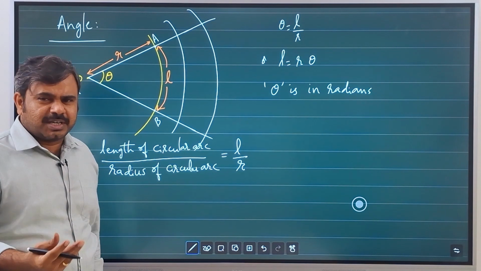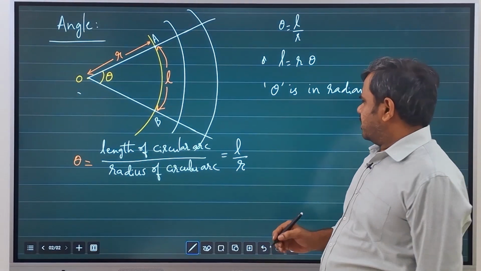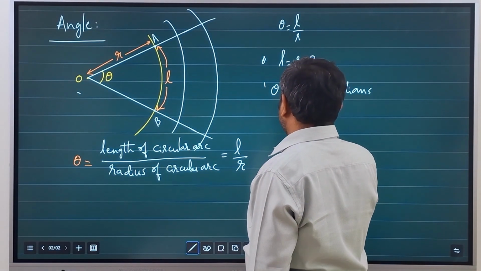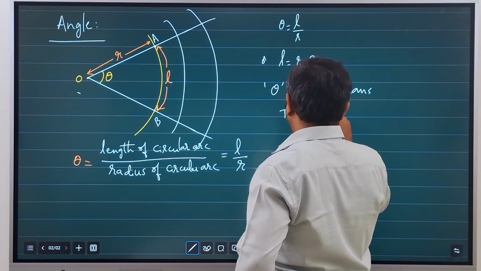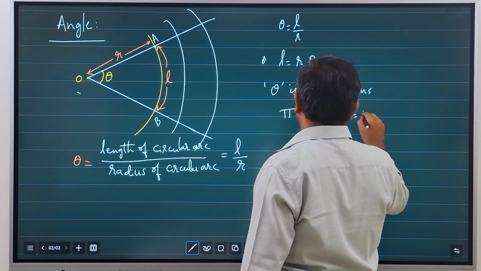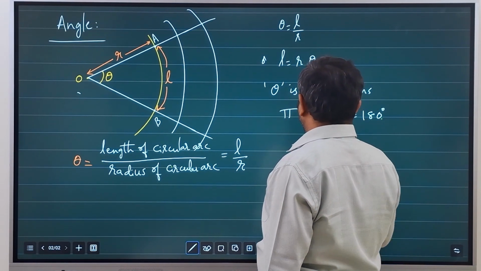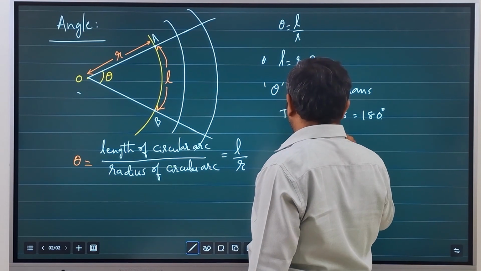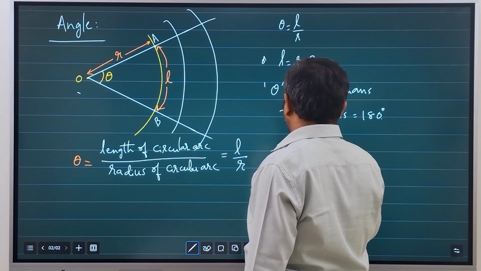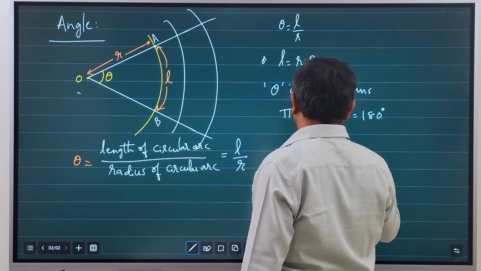Now, how do we convert it into degrees? You know, pi radians is equal to 180 degrees, or 2 pi radians is equal to 360 degrees.